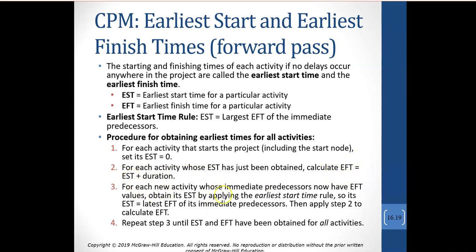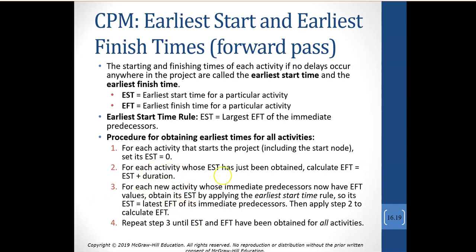For every activity that comes off of that predecessor, we now have the earliest finish time from that predecessor. So to obtain its earliest start time, we're going to use what's known as the earliest start time rule, and that's the latest finish time of the immediate predecessors. If it only has one predecessor, then its earliest start time would be the predecessor's earliest finish time.